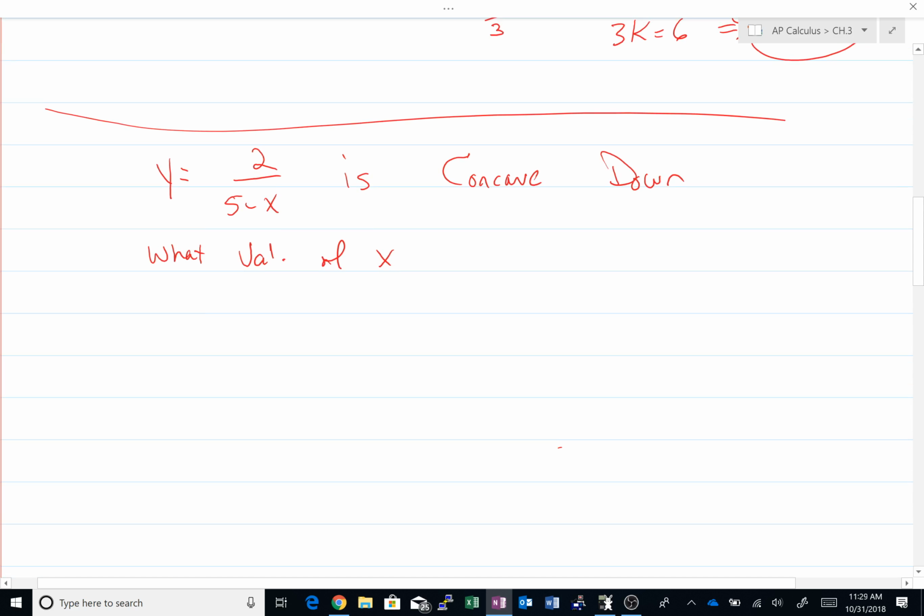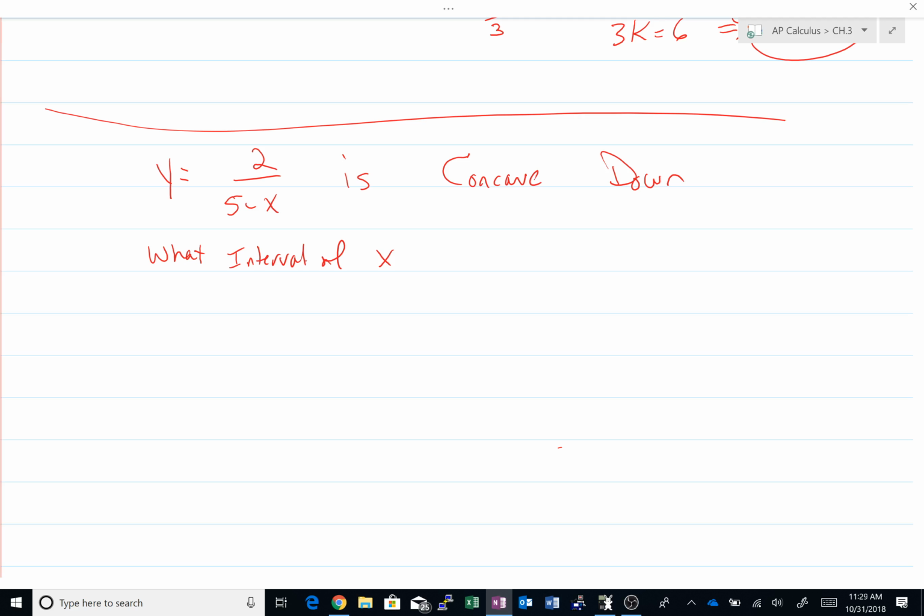y equals 2 over 5 minus x. On what intervals of x is this concave down? Once you define the interval, in other words, it's going to be a range, like interval notation.